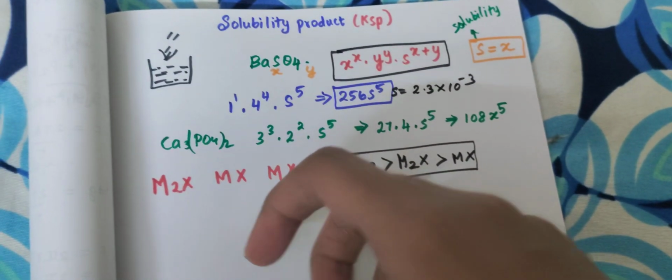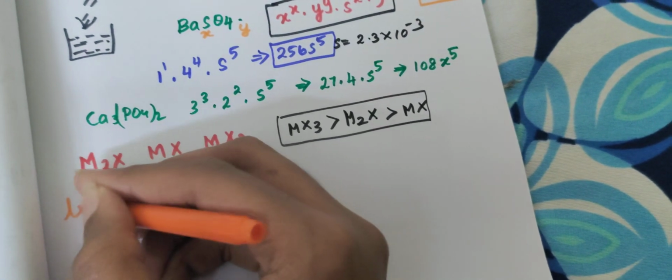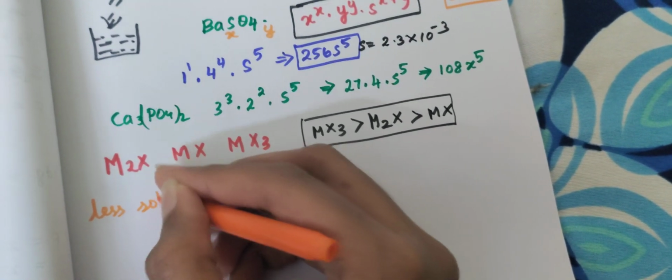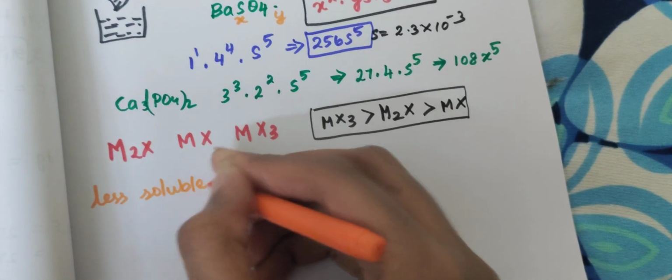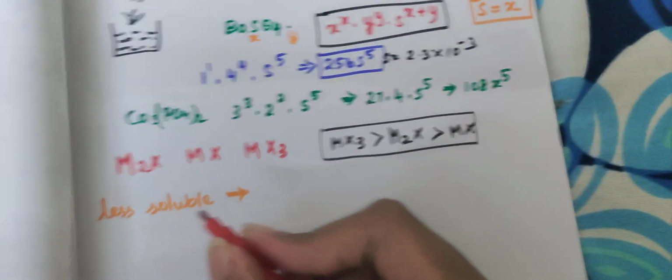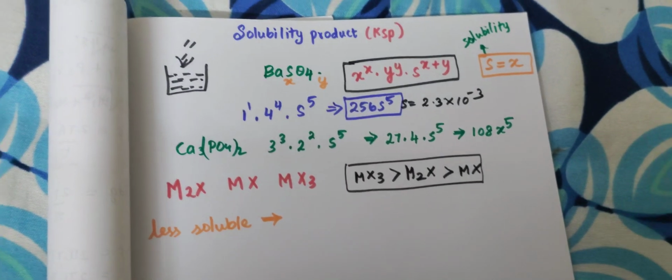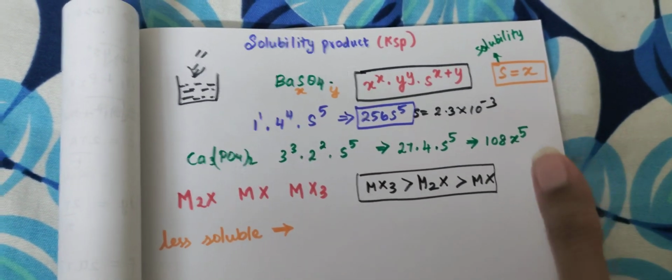Another thing: if you have to find any compound that is less soluble, now I have a quick question for all of you. If a compound has to be less soluble, should it have a high KSP value or a low KSP value? Now just understand my point.